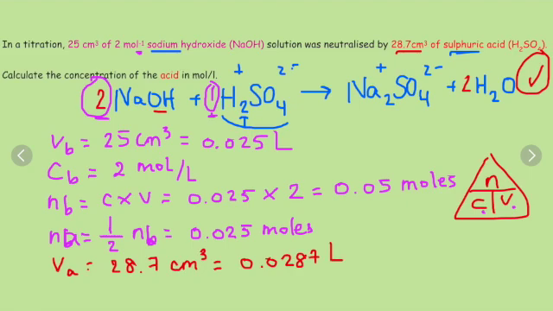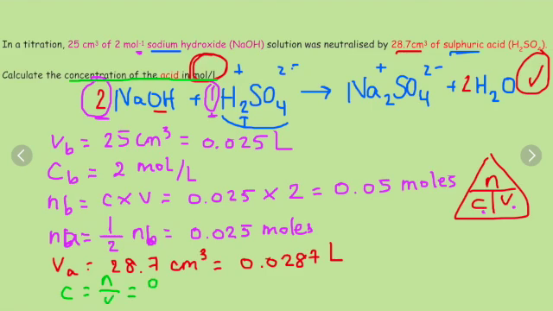Remember to always convert centimeters cubed to liters, so we have the concentration in moles per liter, because that's what they're asking. So now we have everything that we need to calculate the concentration, which is what they're asking for, as I said, in moles per liter. So concentration equals number of moles divided by volume.